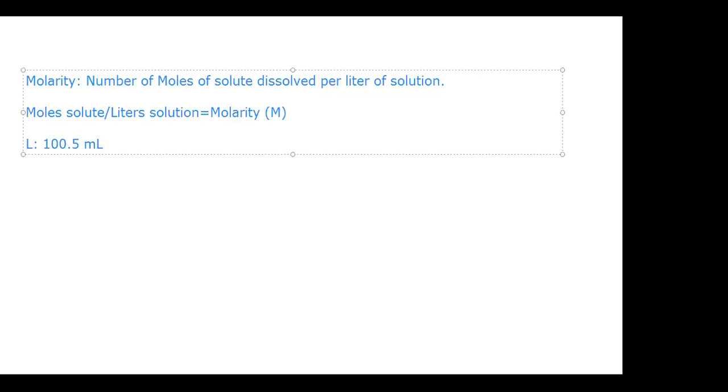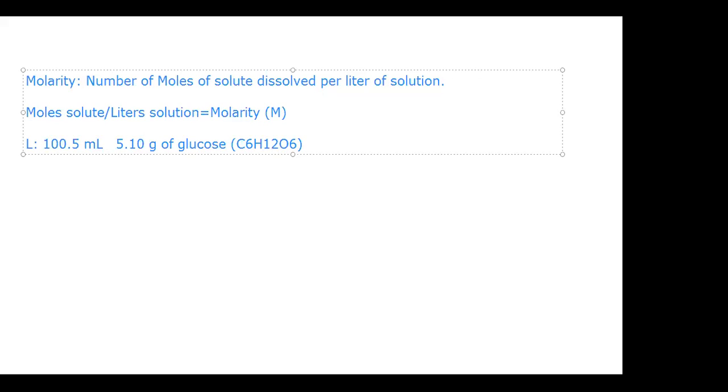Okay, contains 5.1 grams of glucose, which is C6H12O6. Okay. What is the molarity of this solution?